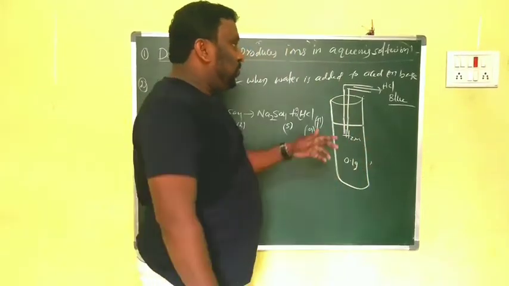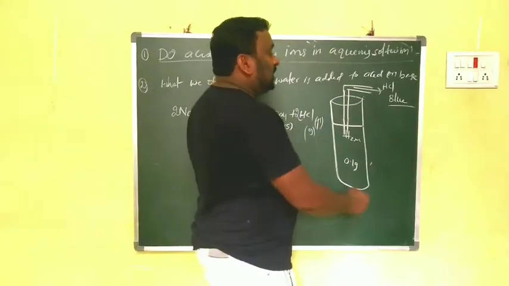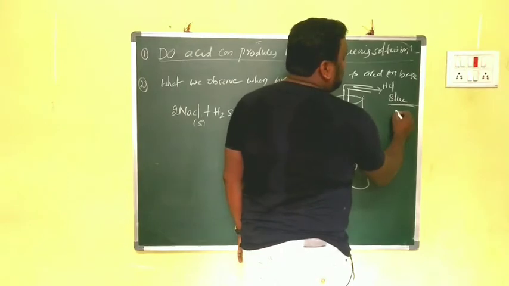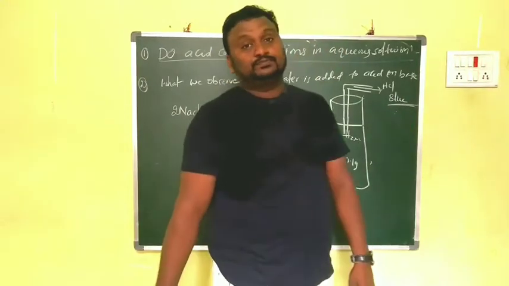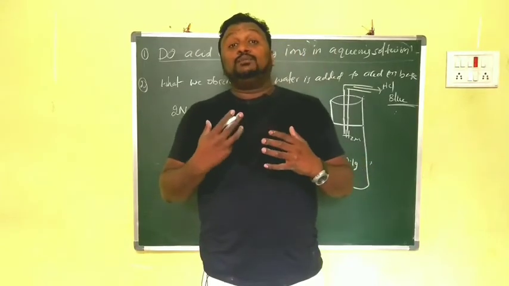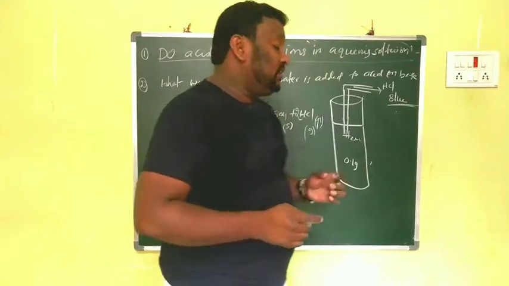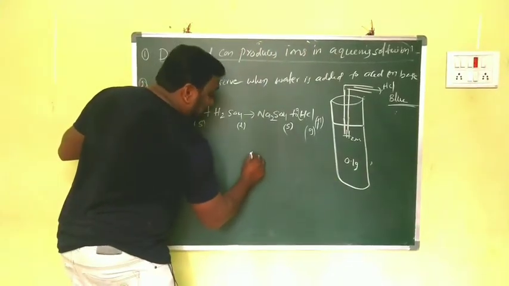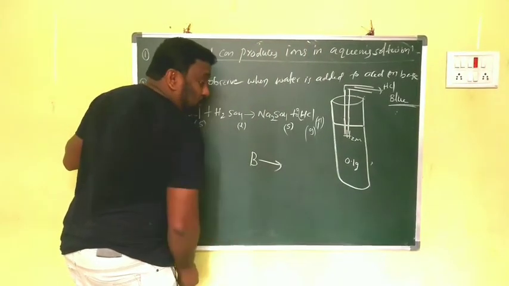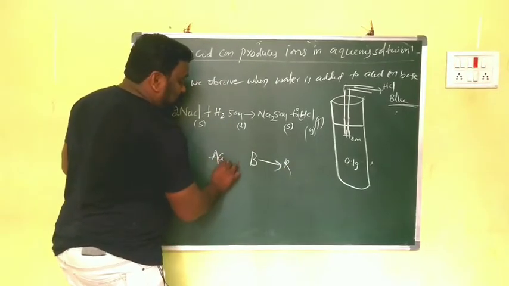For that purpose, while the HCl is coming through the delivery tube, we keep some blue litmus paper there. We have to examine whether the color of the blue litmus paper changes or not. Generally, if any substance changes blue litmus paper to red, that is what we call an acid.